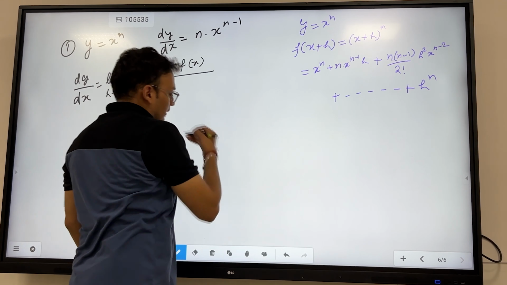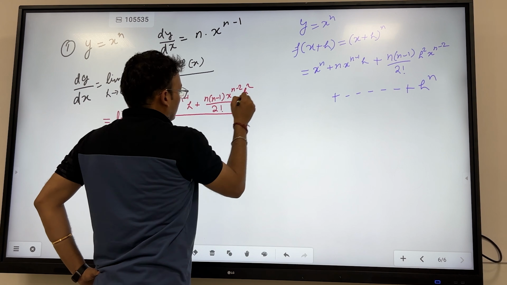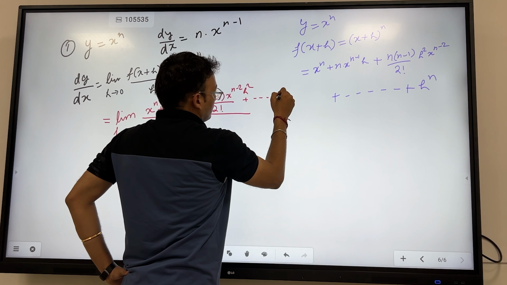Put the value, can I write limit h tends to 0, this will become x raised to the power n plus n times x raised to the power n minus 1 times h plus n times (n minus 1) x raised to the power n minus 2 times h squared divided by 2 factorial plus up to h raised to the power n, minus f of x, that is x raised to the power n.